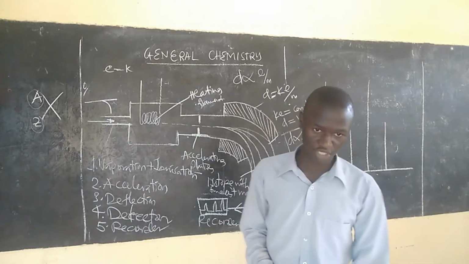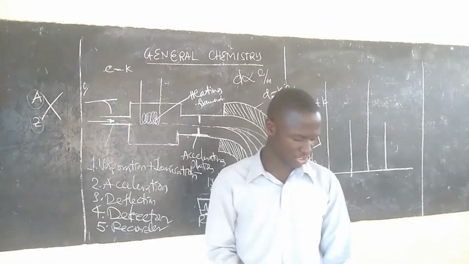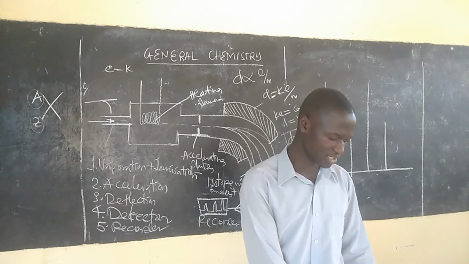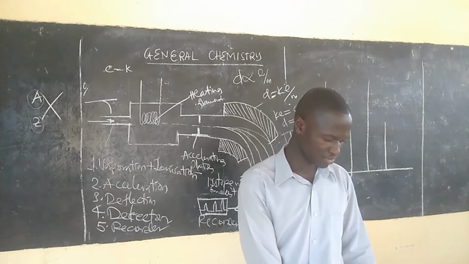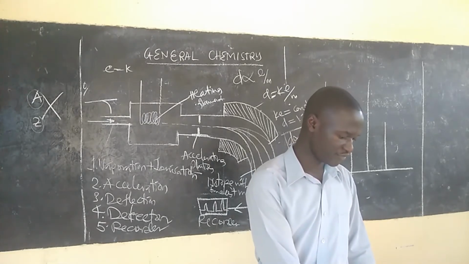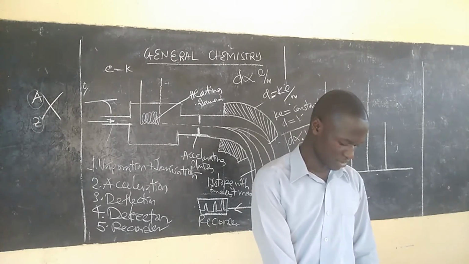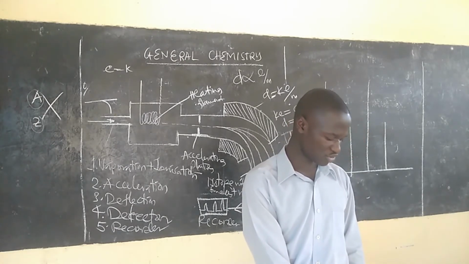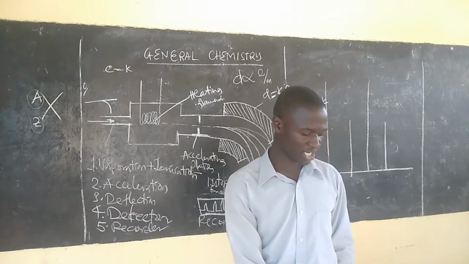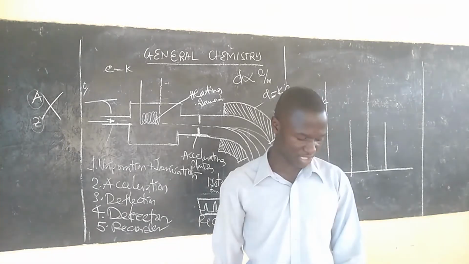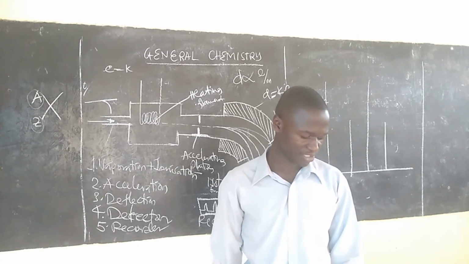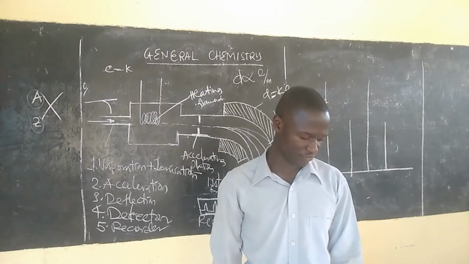And this one among the commonest question which most teachers ask in the exam is about the deflection system in the mass spectrometer, kwamba ni kwa namna gani ambavyo tunaweza kufanya mass spectrometer hapo na tukapata finally hizo graph.